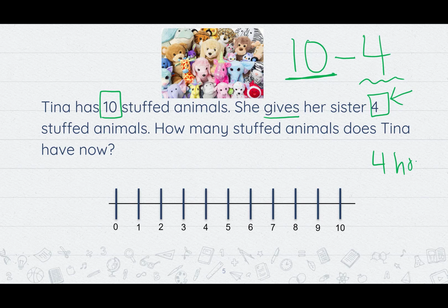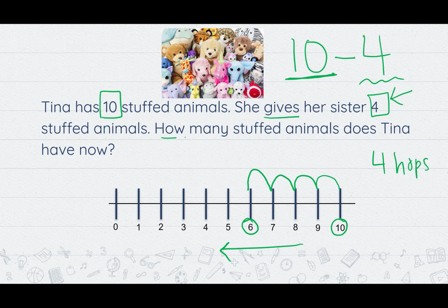But remember, when you do subtraction, we're going to go this way on our number line. We're going to go down. We're taking away. We're going backwards in hops. So if I start with 10, and I go 1, 2, 3, 4 hops, I end up at 6.